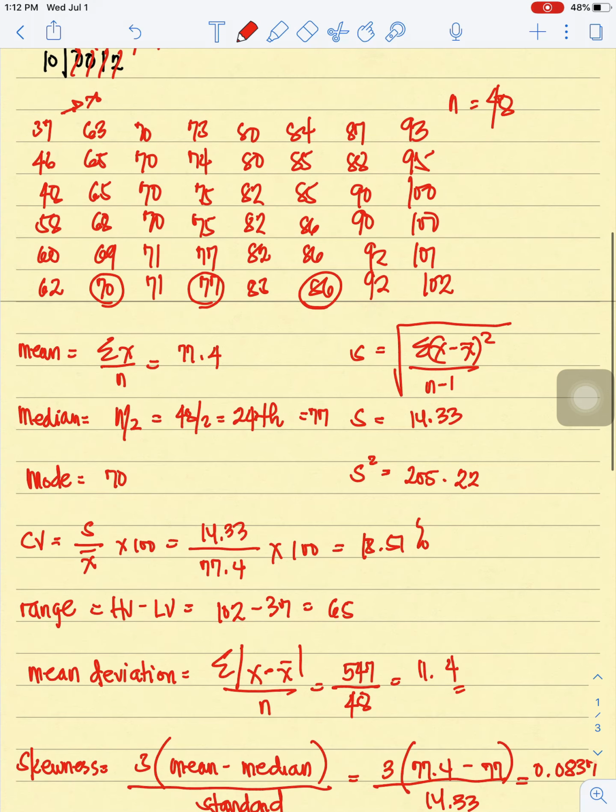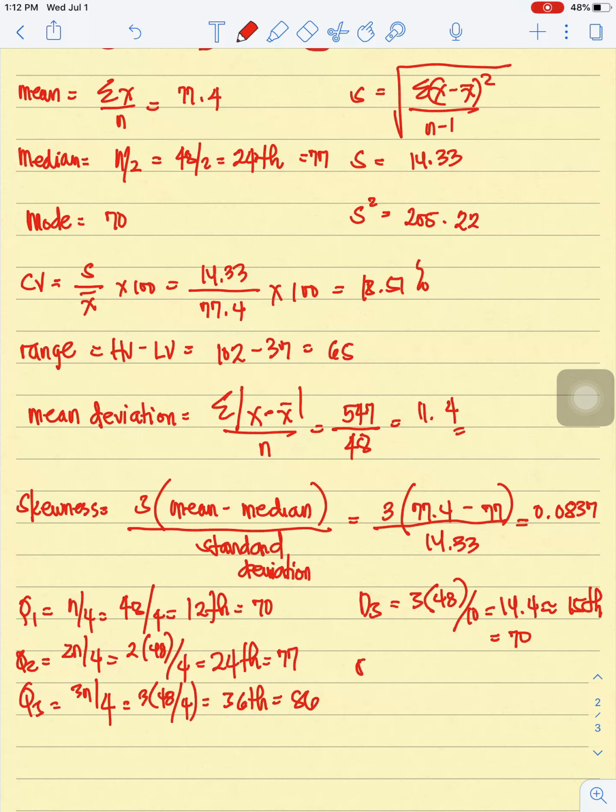Next is D5. D5 is also equal to Q2, that is 5 times 48 divided by 10. It gives us 24th place, that is 77.